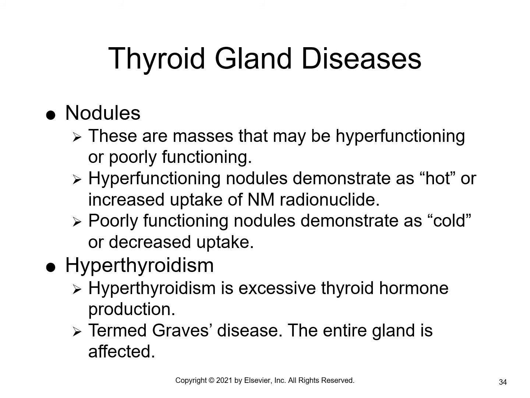Hyperthyroidism, like I said, is the overactivity or excessive thyroid hormone in our blood system. This can be termed Graves' disease if the entire gland is affected. Now, hyperthyroidism doesn't mean just the whole thyroid is always affected. It can come from a number of different causes.